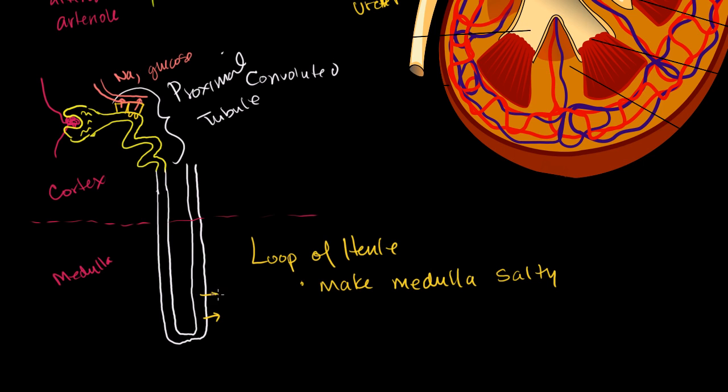It actively pumps out salts: sodium, potassium, chloride, or chlorine ions, I should say. It actively pumps out these salts right here to make the entire medulla salty, or if we think about it in terms of osmosis, make it hypertonic. You have more solute out here than you have in the filtrate that's going through the tubule.